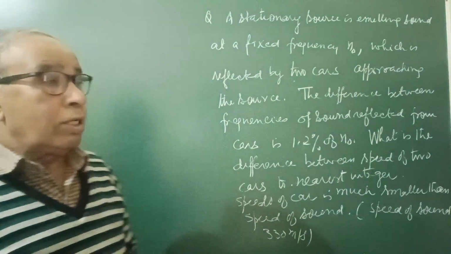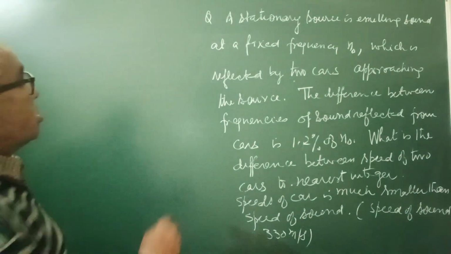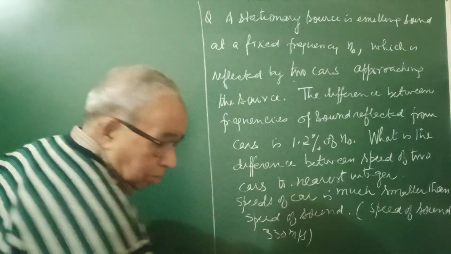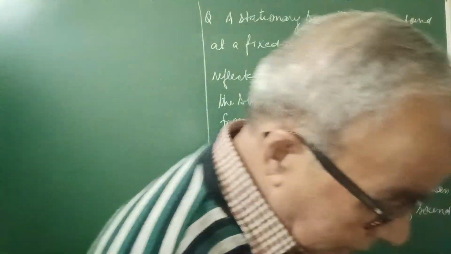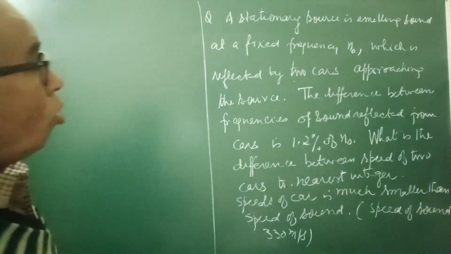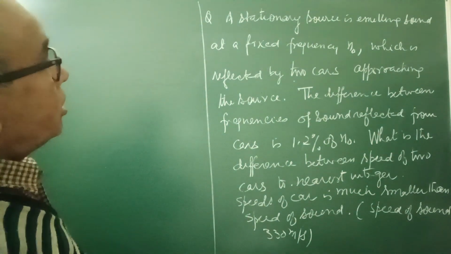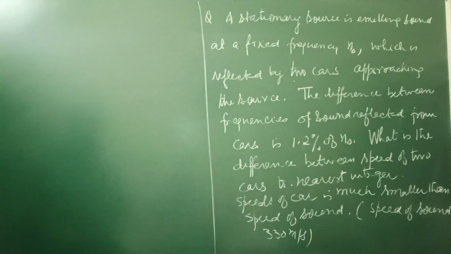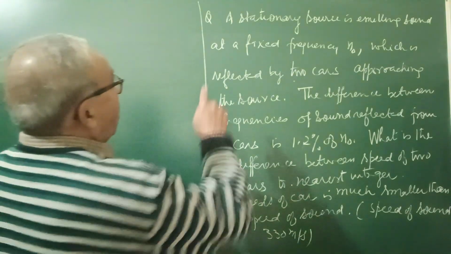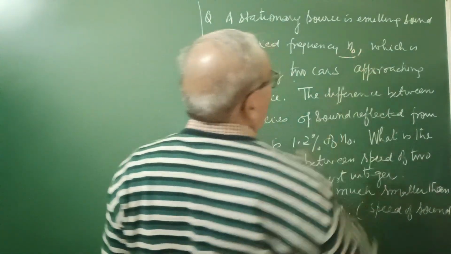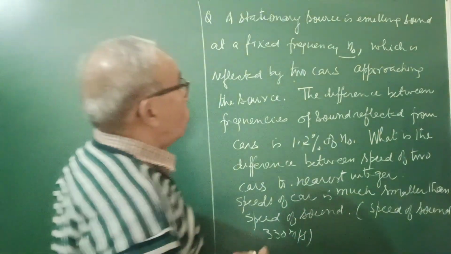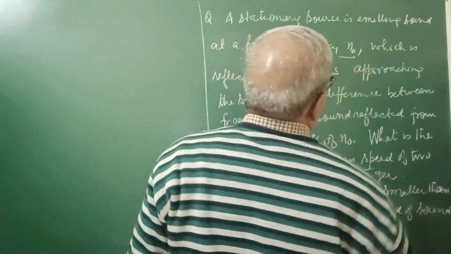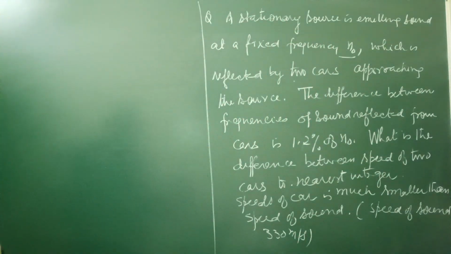Well, now there is another question here. A good question was asked in the competitive exam JEE in 2010, on the Doppler effect again. A stationary source is emitting sound at a fixed frequency n0, which is reflected by two cars approaching the source.